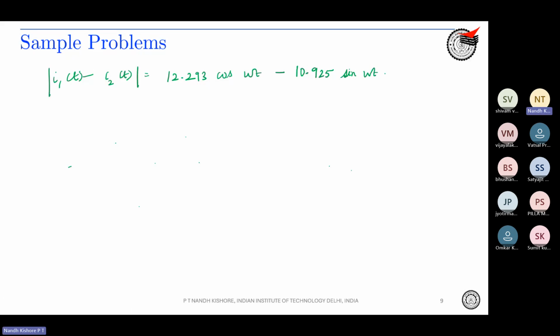So now can anyone tell how do we write this in polar form?